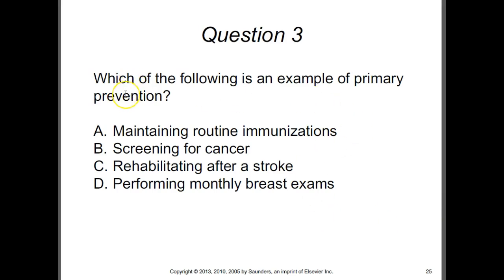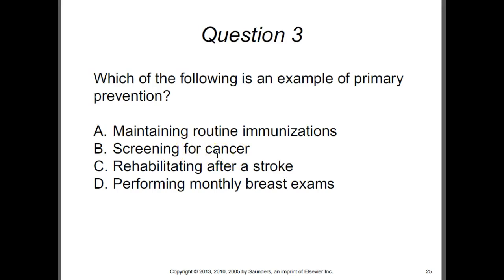Which of the following is an example of a primary prevention? Maintaining routine immunizations, screening for cancer, rehabilitation after a stroke, performing monthly breast exams. Okay, so screening for cancer and performing monthly breast exams are going to be what type of prevention? If you said secondary, yep, that's true. Okay, so we are trying to catch it early.